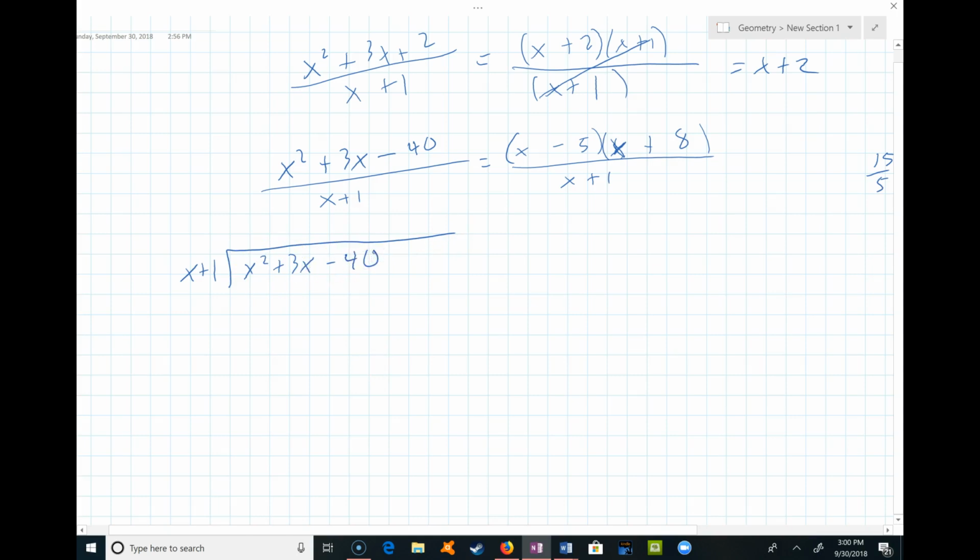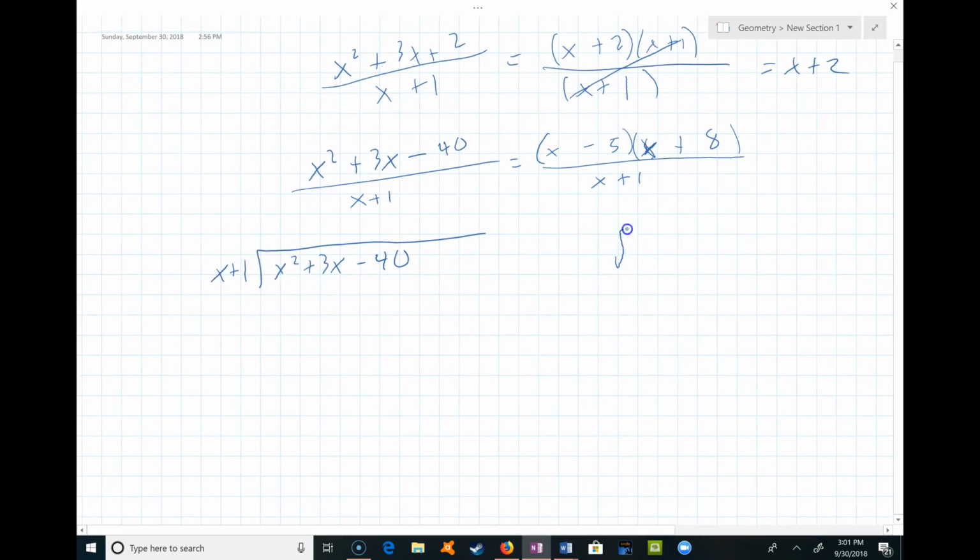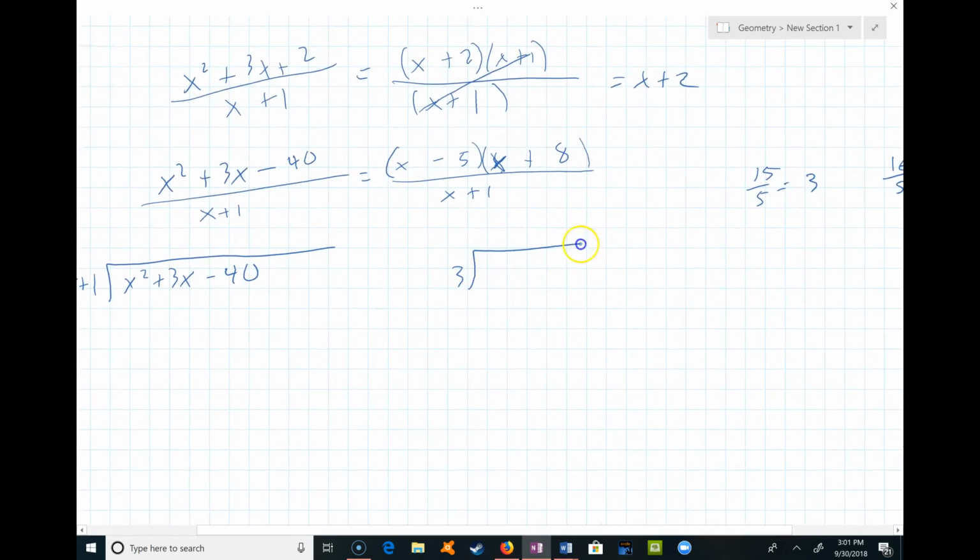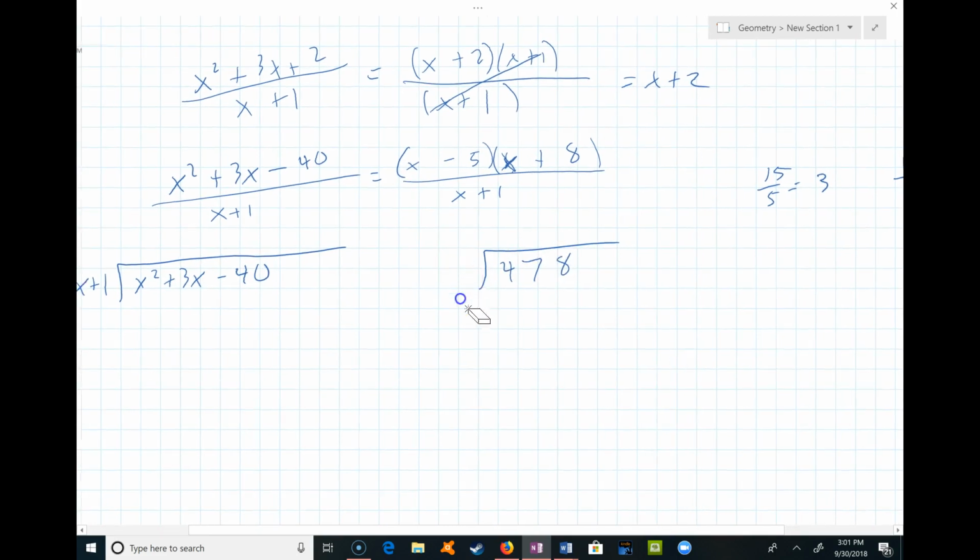The first step, like normal long division, is you ask yourself how many times will x plus 1 go into just a small part of it? For example, if I was dividing 32 into 478, since there's a 10s and a 1s here, we would start over here above the 7 and say what times 32 equals 47.